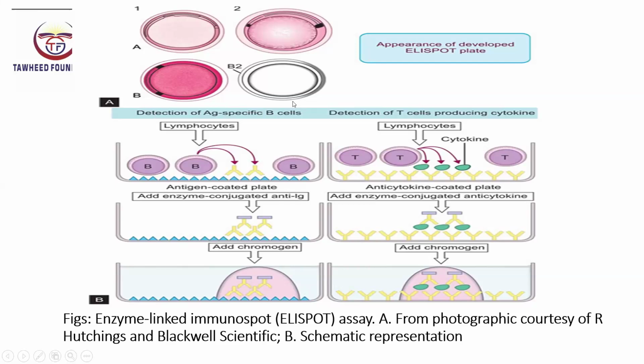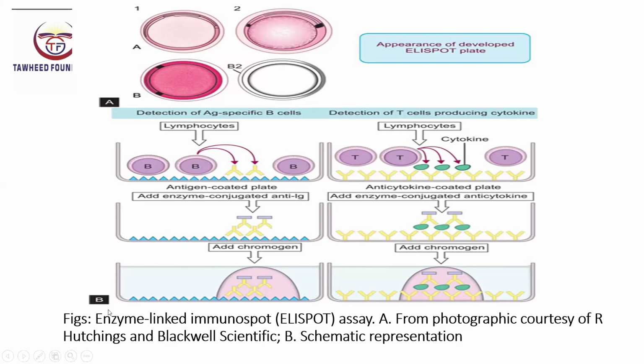In figure A, an antigen-coated plate is used to capture antibodies secreted by B cells from a lymphocyte suspension. Each B cell that secretes a specific antibody leaves a localized color spot on the plate when treated with an enzyme labeled secondary antibody and substrate.